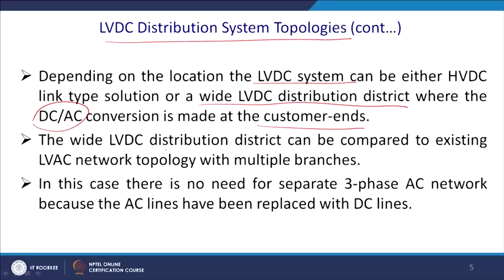The wide LVDC distribution district can be compared to the existing LVAC network topology with multiple branches. That is something we require to keep in mind. So, we can have different kinds of load and different voltage levels, and thus we can have branching out.